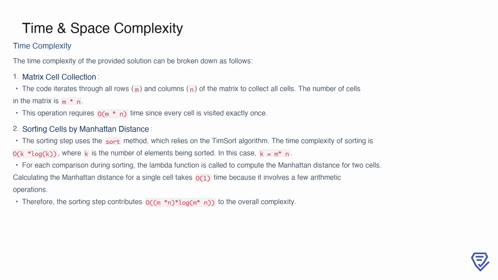Since calculating the Manhattan distance involves a few basic arithmetic operations, it takes constant time, or O(1), for each comparison. Combining these factors, the sorting step contributes a time complexity of O(m * n * log(m * n)) to the overall solution, making it the most computationally expensive step.